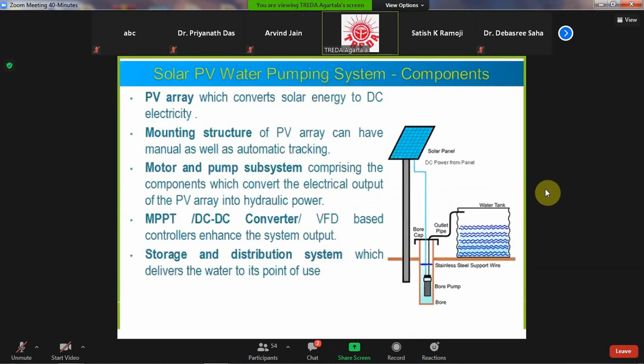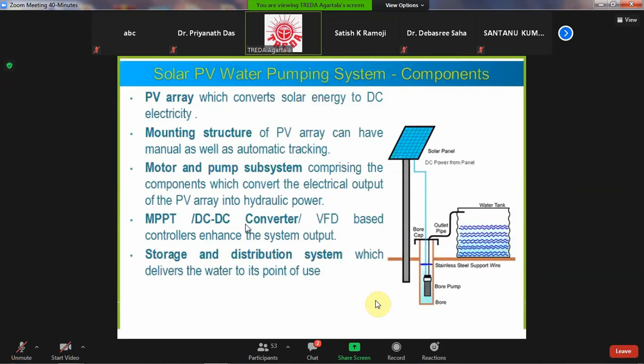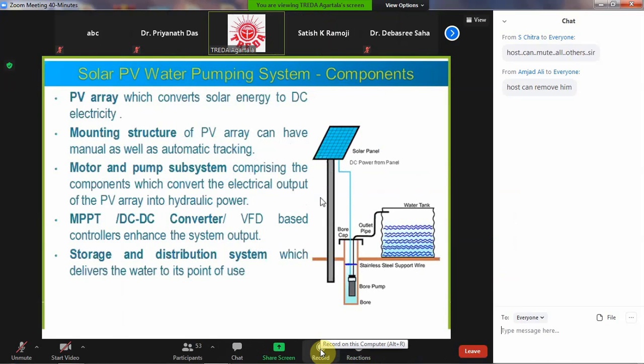And this is actually which component is there? One is solar panel, and there is one controller, and pump is there. The control pump automatically gives the water for the irrigation purpose, and also for the drinking purpose.